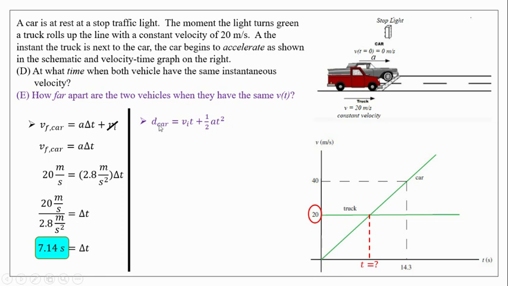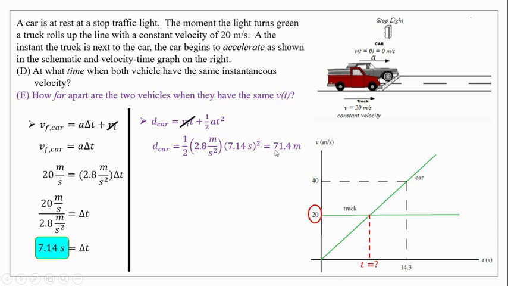I just set up my distance function here, aka my displacement function. I know that the car is moving one way, so really my delta x will give me the magnitude, aka your distance here. I'm just going to cross out vi for the car, so it's just 1/2 at squared. I'm going to plug in 1/2, A is 2.8, and t here is 7.14 because that's what I calculated in part D. That's when they have the same velocity.